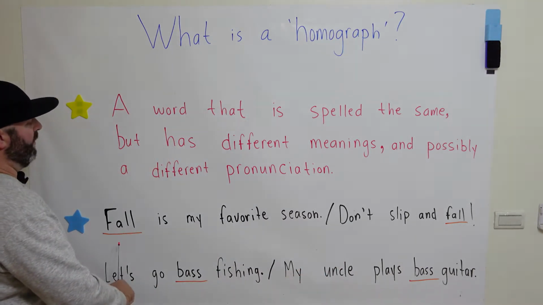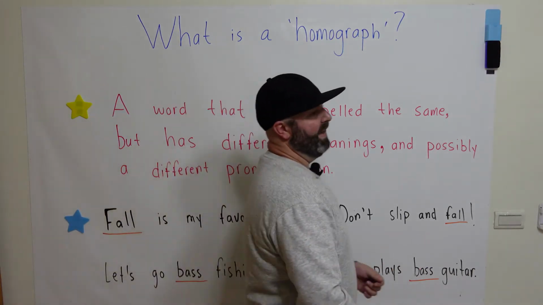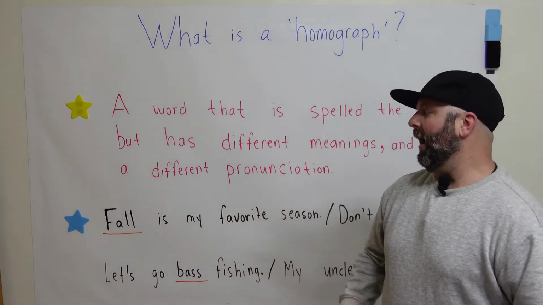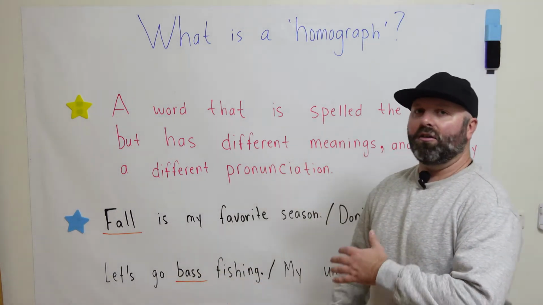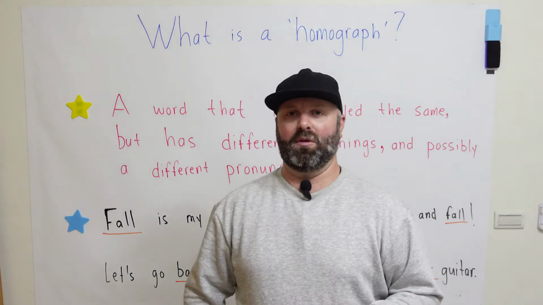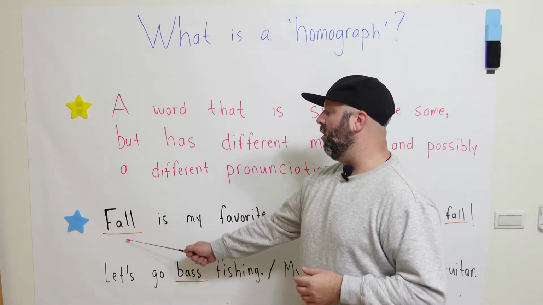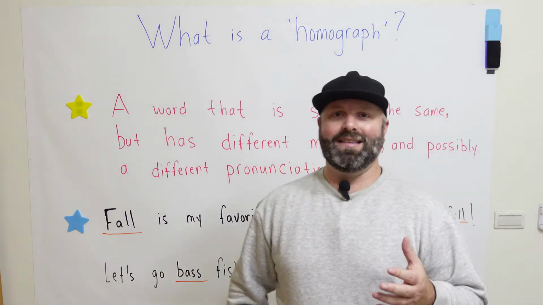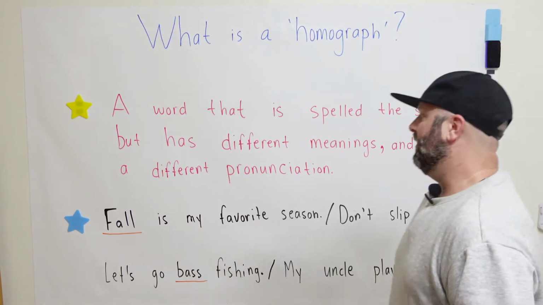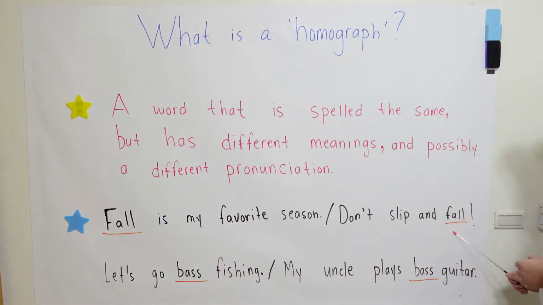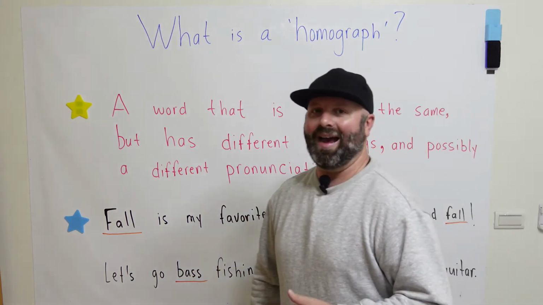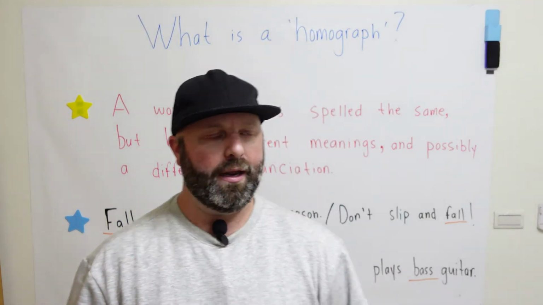So the homograph in both of these sentences is fall. And it's spelled F-A-L-L and also sounds the same in both sentences, okay? Now, in this example here, fall is a noun. It is a season. And in this example here, don't slip and fall, fall is used as a verb, okay?